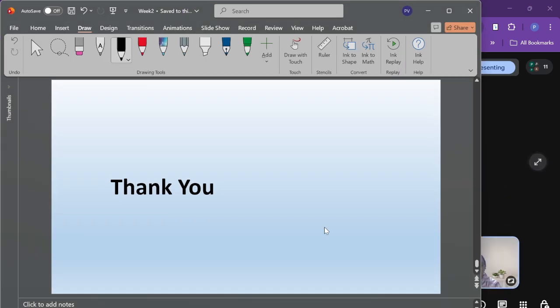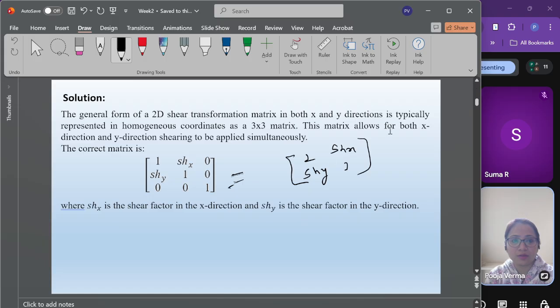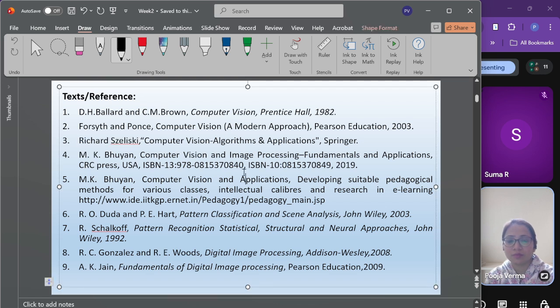It is already given in the first slide, so you can check with this slide. Some texts and references are there. You can mostly use this third one. This is a standard book for computer vision. And for image processing, Gonzalez is the main one.